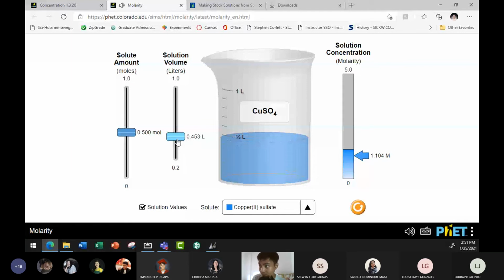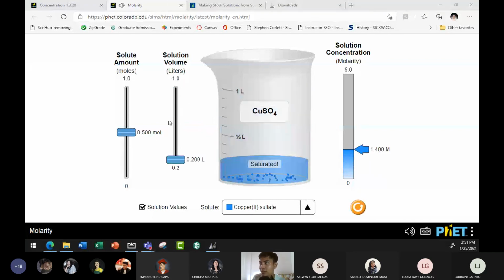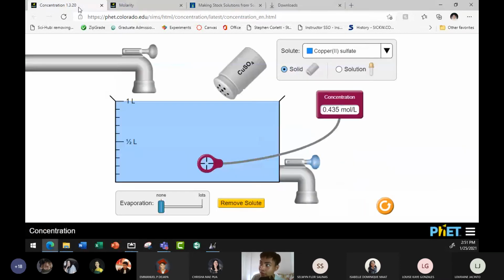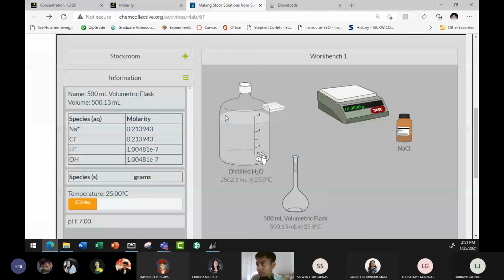Itong nasa right side. If I add water. Bumababa. No? So ganun yung dilution. By adding water, the concentration of your solution decreases. Okay? Mamaya gagawa ulit tayo dito sa ating workbench. No? Mamaya na yan.